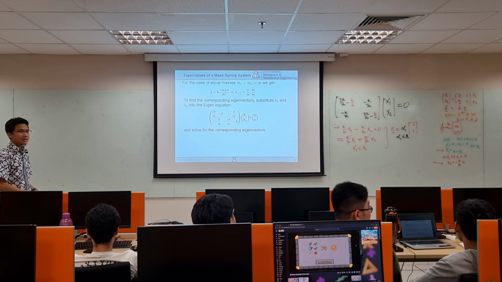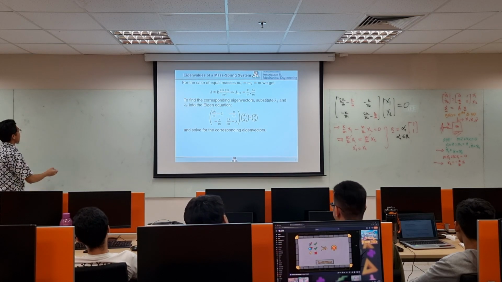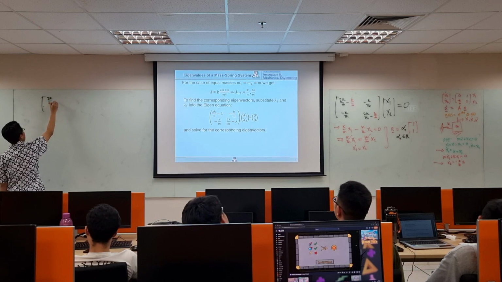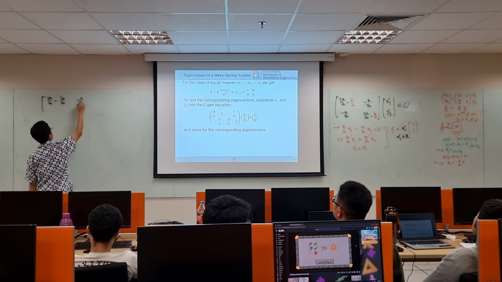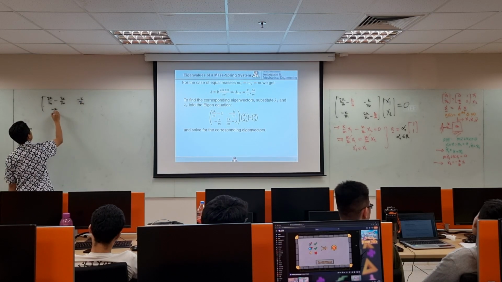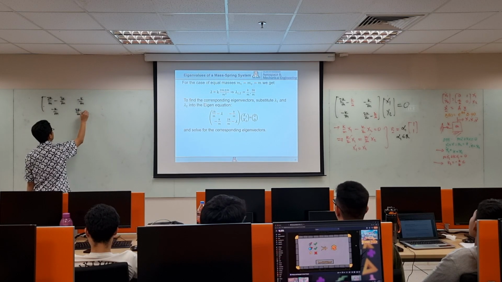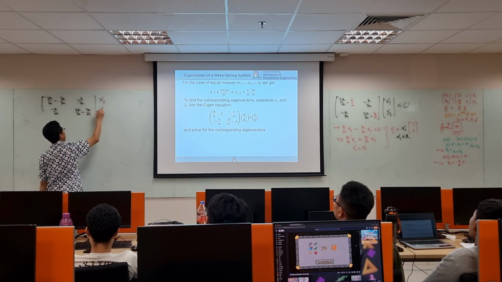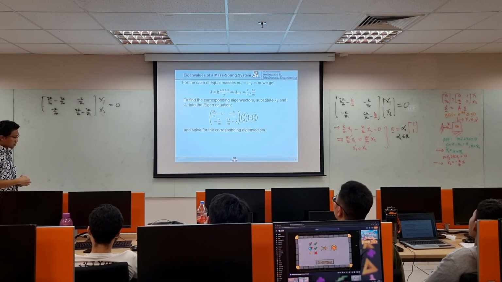Now let's do it for the second lambda. Ready? Second lambda minus 3k over m, then minus k over m, then 2k. Where's the lambda here?